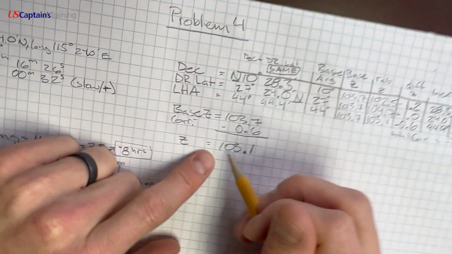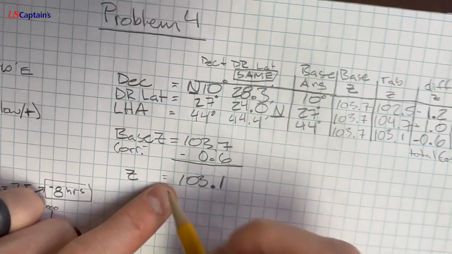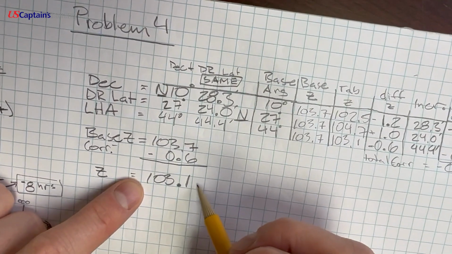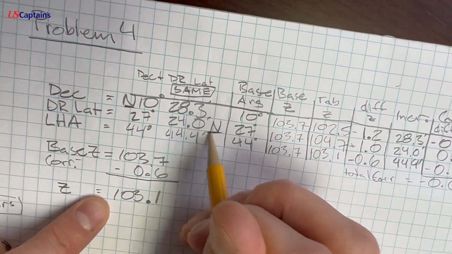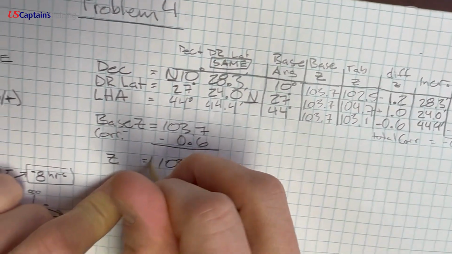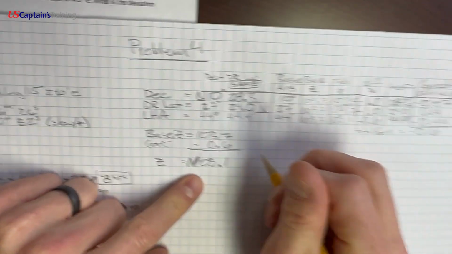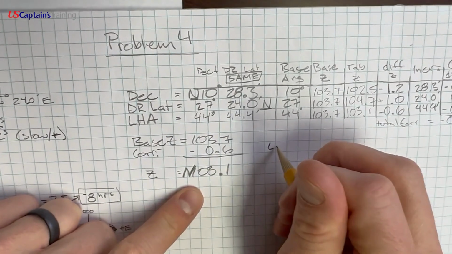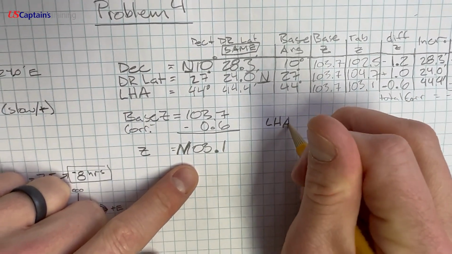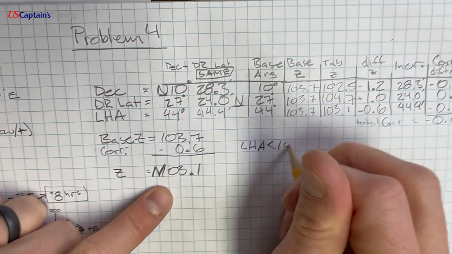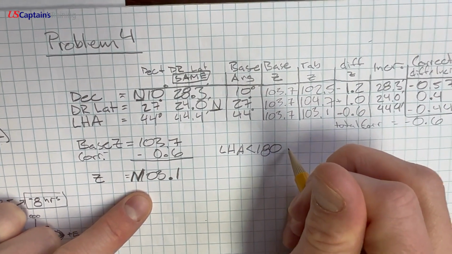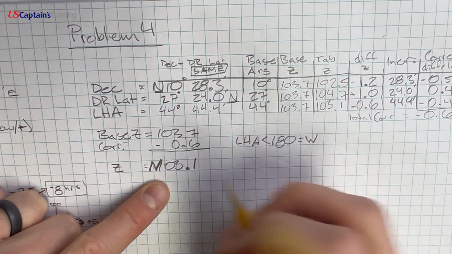And we need to name this. It needs a north or south, and then east or west. We name it the same as our DR lat up front: north. And now, because LHA is less than 180, we name it west.